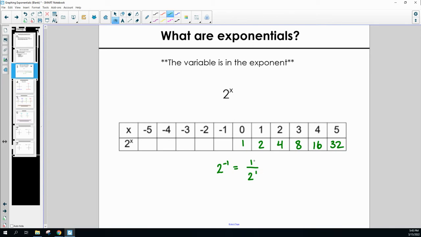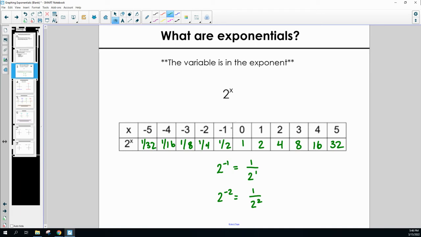And we know that 2 to the first is 2, so 2 to the negative first is 1/2. If I plug in -2, 2 to the -2 would be 1 over 2 to the positive 2, which is 1/4. So 2 to the -3 is 1/8. 2 to the -4 is 1/16, and 2 to the -5 is 1/32.